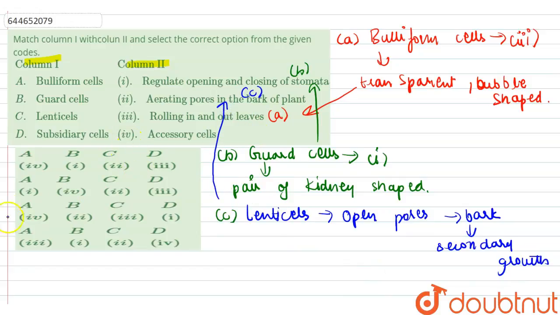Now the D part is subsidiary cells. The correct match for subsidiary cells is accessory cells.